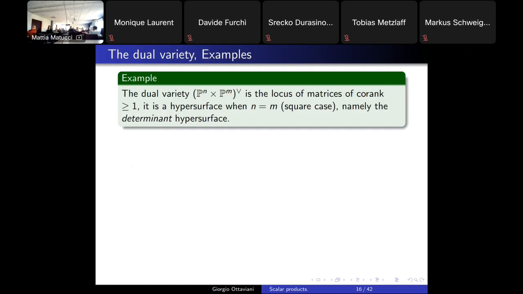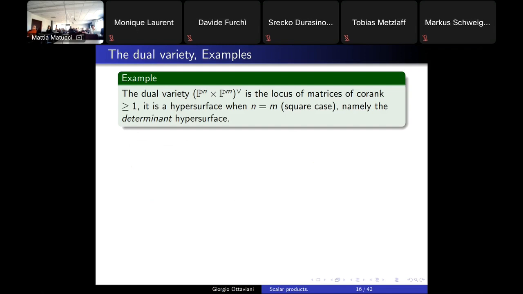And let's give you the basic example in algebraic geometry. What's the dual of the Segre of two factors? You consider they live in a space of matrices (n+1) times (n+1). The dual of rank 1 is co-rank 1. So that's interesting.